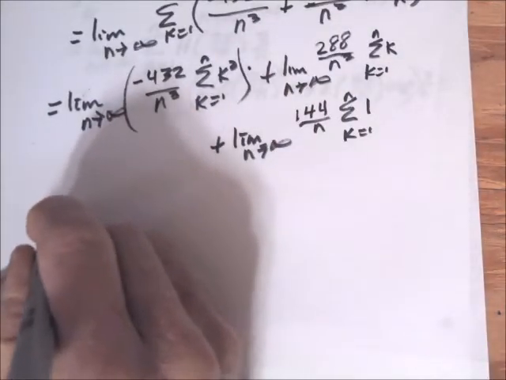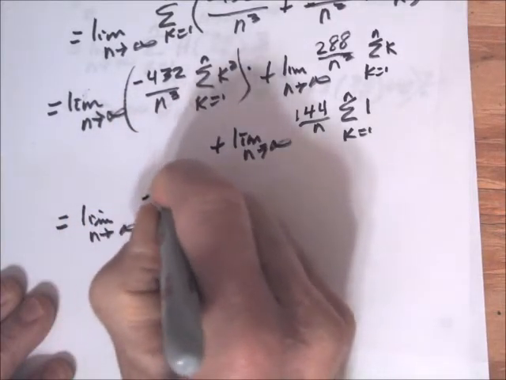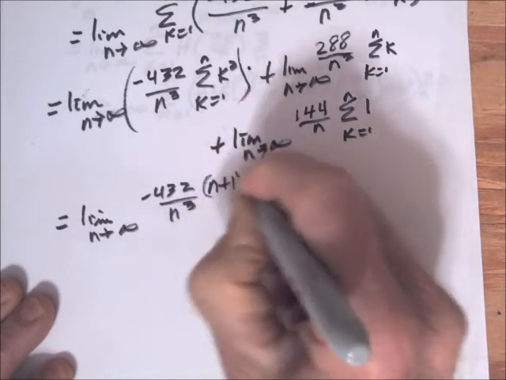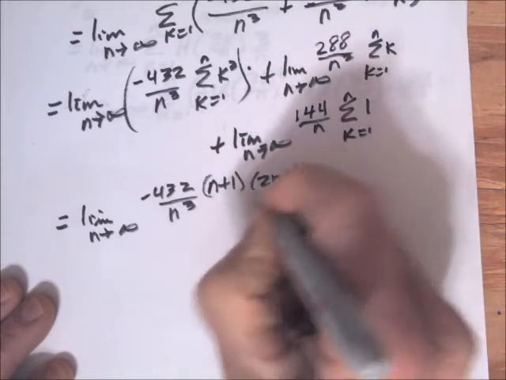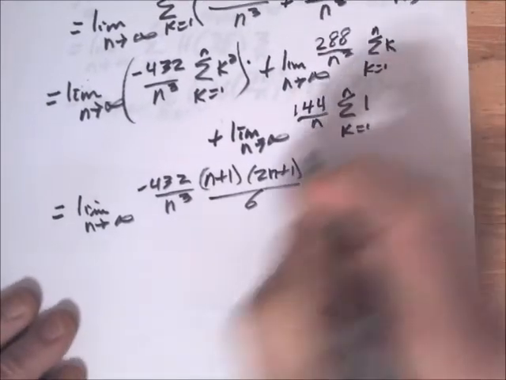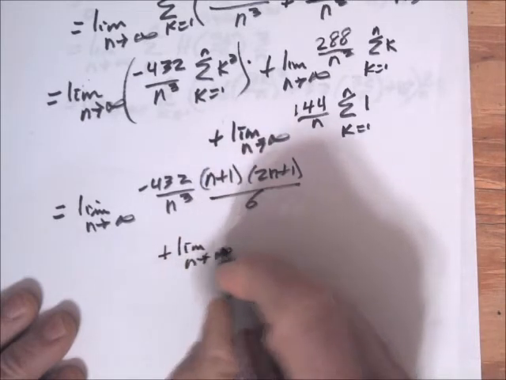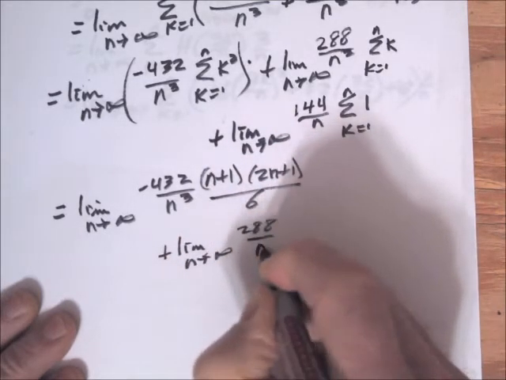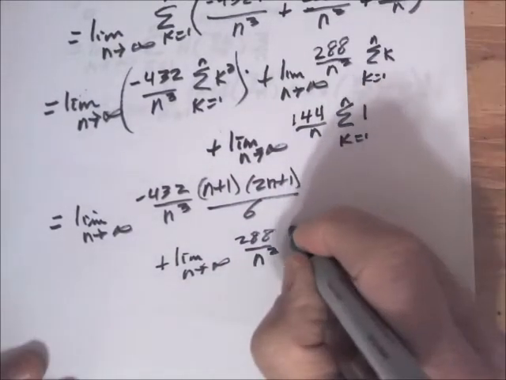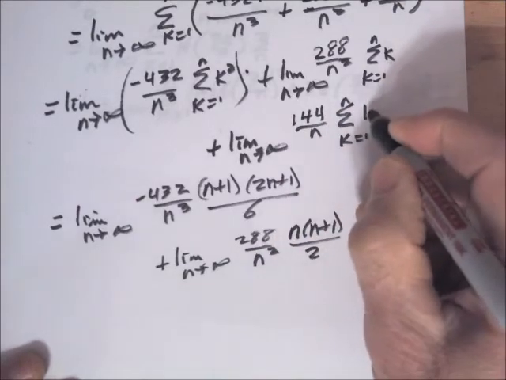So we'll have the limit as n goes to infinity, minus 432 over n cubed, and we'll have n plus 1 times 2n plus 1 over 6, plus the limit as n goes to infinity, 288 over n squared, and here we have the summation k equal 1 to n of k. The shortcut formula there is n times n plus 1 over 2.